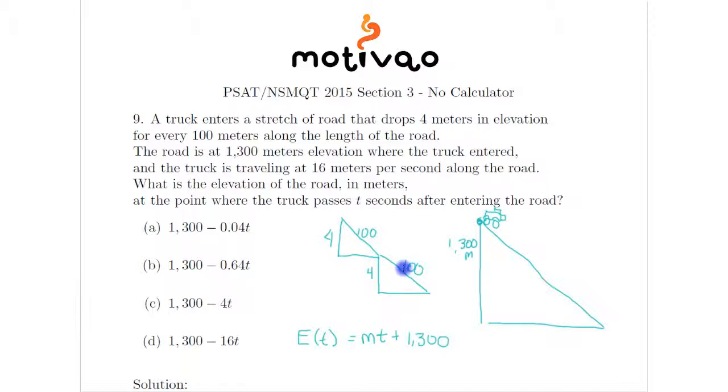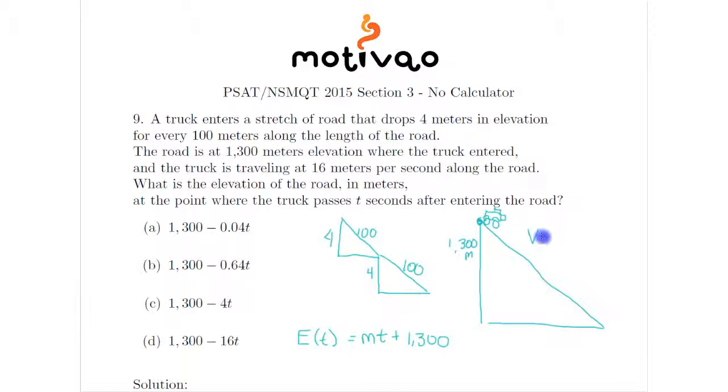Now, how do I find m? Well, notice that it starts at 1,300, but we only get the velocity of the truck, which is 16 meters per second. That's the only information we get as far as the truck running through here. So how do we use this?